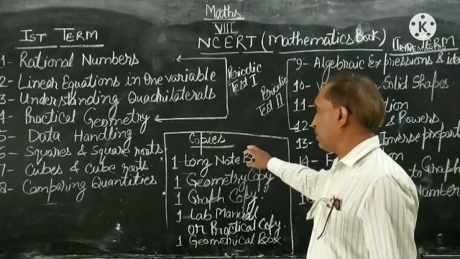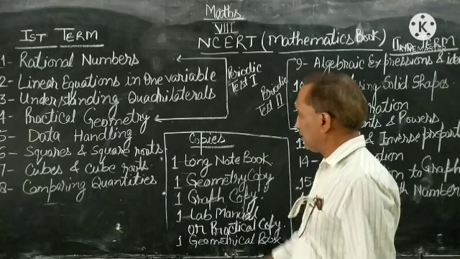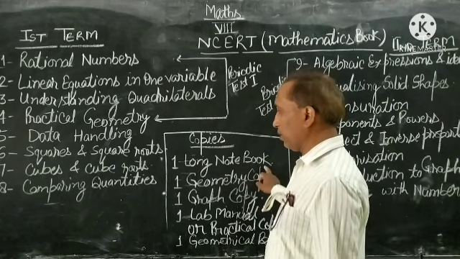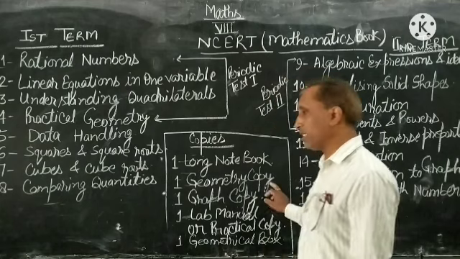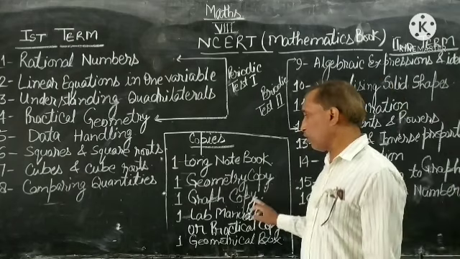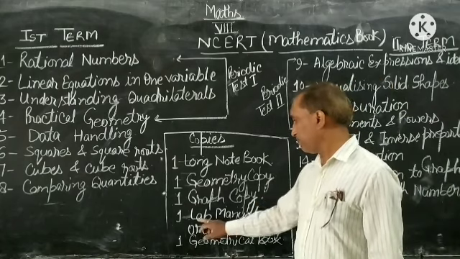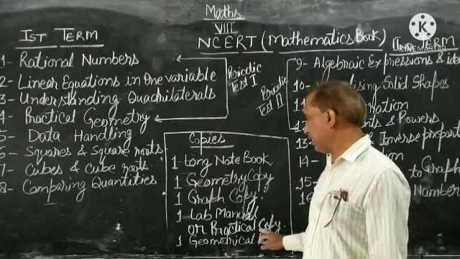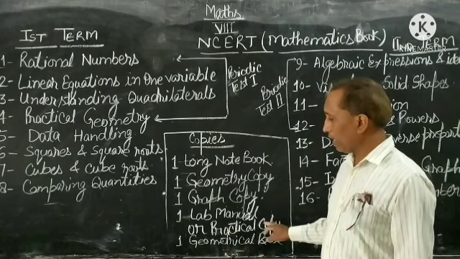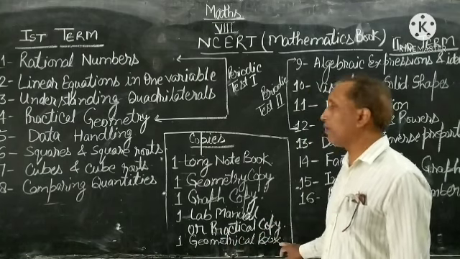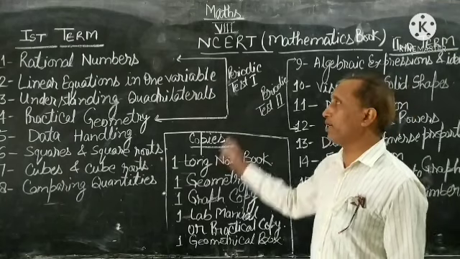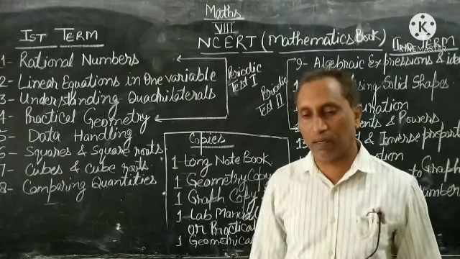Your requirement for mathematics is one long notebook, one geometry copy, one graph copy, one lab manual or practical copy, and one geometry box. These are the requirements of the mathematics class.